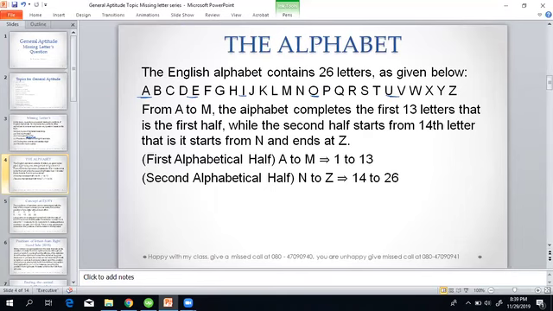From A to M, the alphabet completes the first 13 letters, and that is the first half. The second half starts from the 14th letter, that is, it starts from N and ends at Z. So whenever you have this type of question based on missing letters, first of all write the English alphabet in this form, or the second form is this.